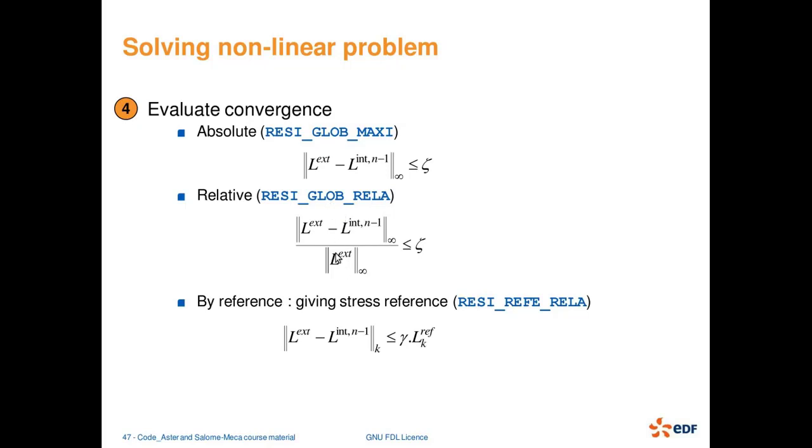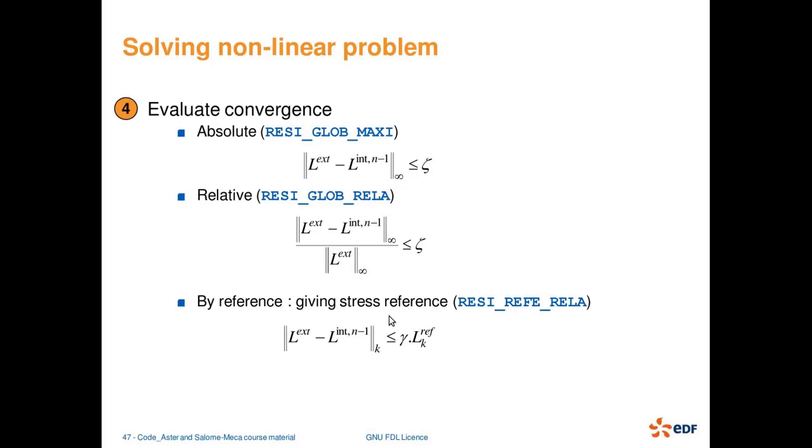Then there is the relative convergence criterion, where I divide this absolute difference by the absolute value of the external load. The keywords are RESI_GLOB_MAXI, that means maximum global residual, and RESI_GLOB_RELA, that is relative global residual. Or in some cases I can give a stress reference so that you don't exceed the error by this much times some reference stress, then it is called RESI_REFE_RELA.